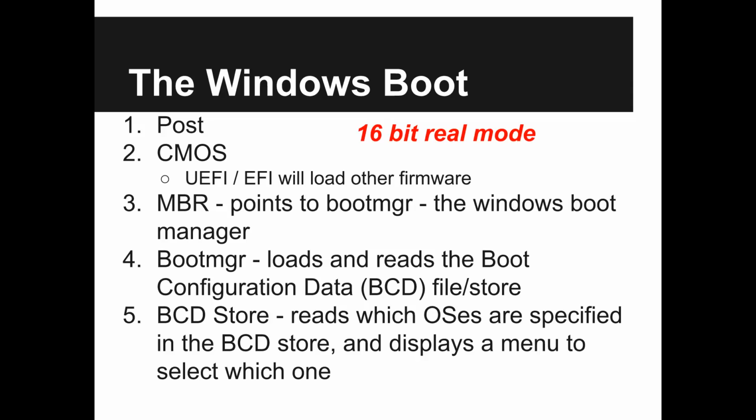So when the hardware first boots, the processor is going to be operating in 16-bit real mode, which effectively means there's no memory permissions or security. Everything is flat, and the processor can access, or at least the code can access, any aspect of memory in the system at this point. So the very first thing that will happen is the power on self-test.